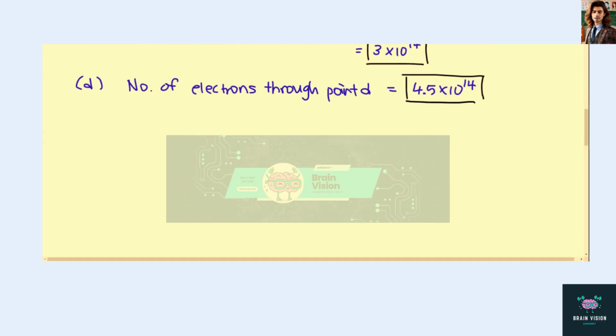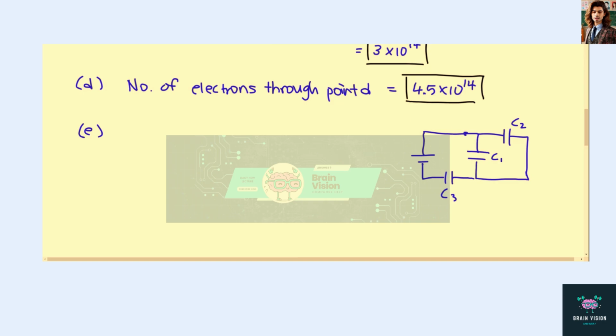Then part E. Here I'm just going to redraw the circuit diagram with C2, C1, C3. When the switch is closed, this is how it looks.